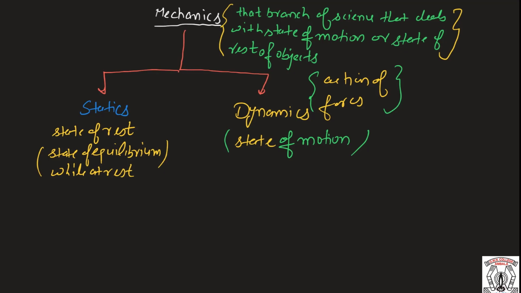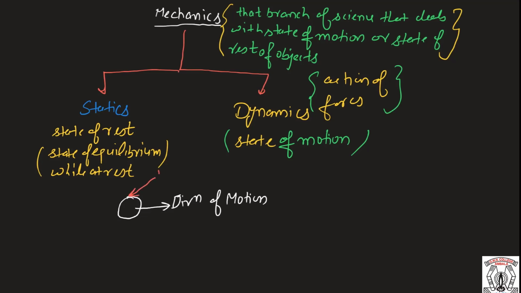Let us say this is a ball, and this ball is moving in this direction. Say this is the direction of motion, and it is acted upon by different forces.